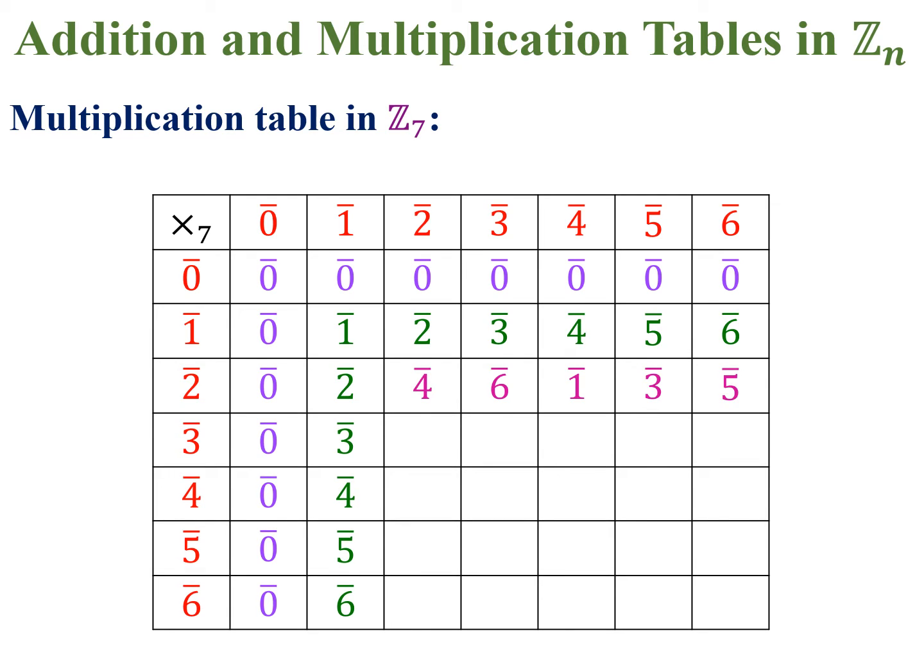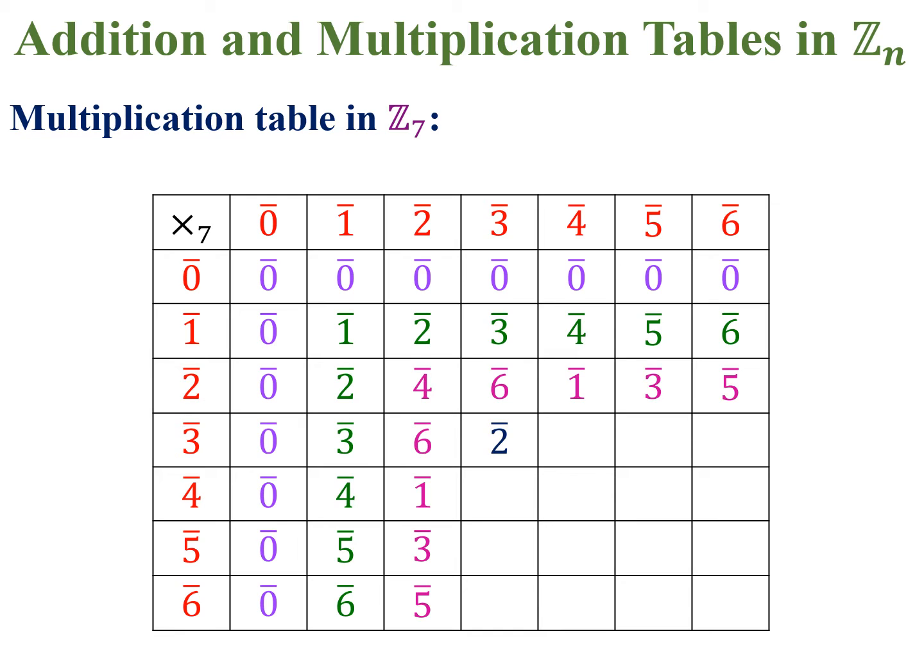And as multiplication modulo n is again commutative, all these entries are present in this column also. So we will get here class of 6, class of 1, class of 3 and class of 5. This value is obtained by multiplying class of 3 with class of 3. 3 into 3 is 9, and when we divide 9 by 7 we will get 2 as the remainder. 3 into 4 is 12.